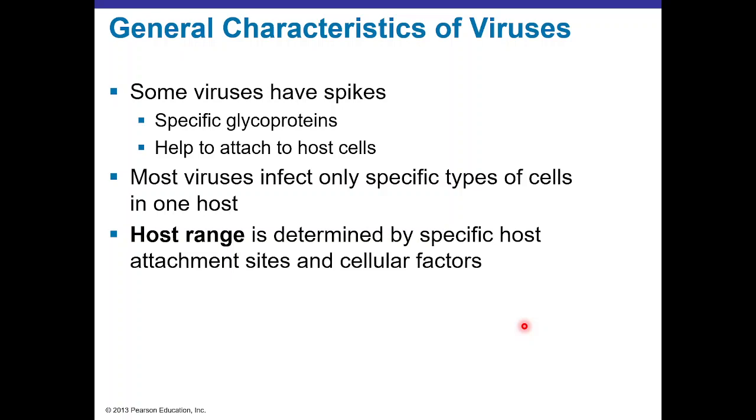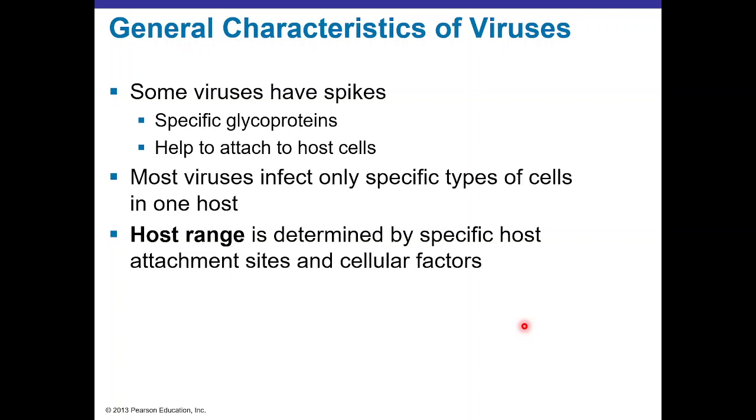Now, some of these viruses also have spikes, and these spikes are protrusions made out of glycoproteins, either from the capsid or from the envelope, and these specific glycoproteins are viral attachment proteins that help these viruses attach to the host cells.